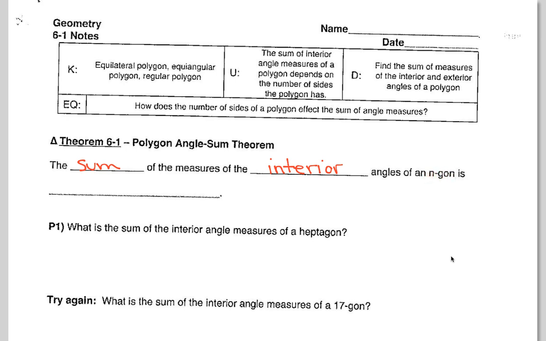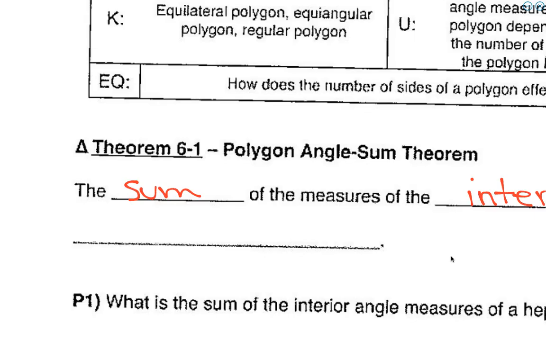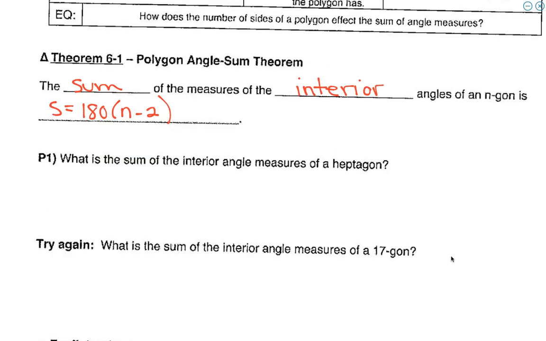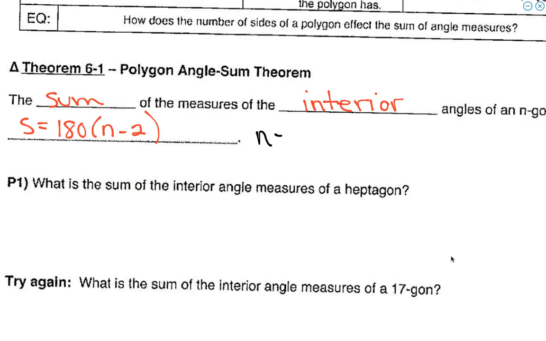So we don't have to be specific in its name, like octagon, we can just say an n-gon is 180 times n minus 2. So S equals that. So n is the number of sides.